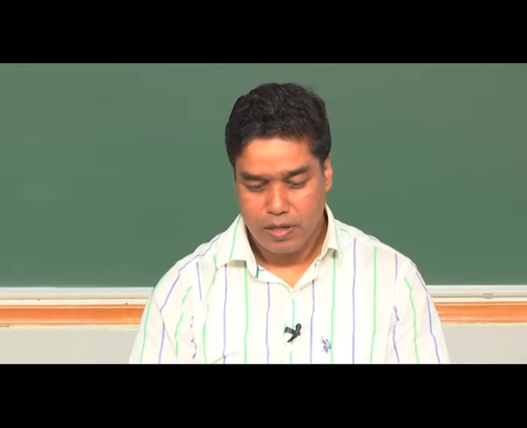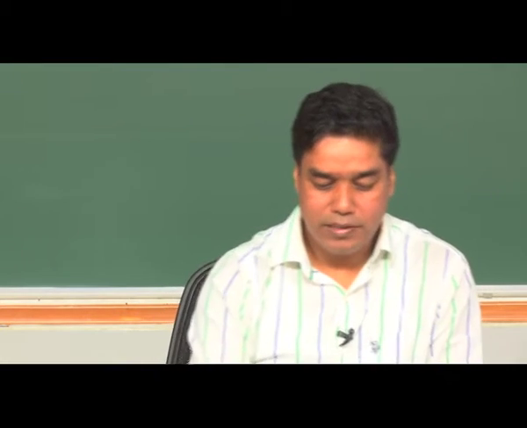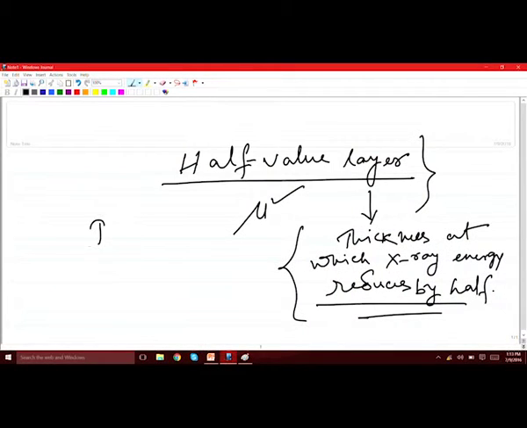Okay. So, if you go back to this, you can easily find out how the half value layer is related to the absorption coefficient mu. So, we can go back to the equation that we started with. In this case, what we are saying is that this is the thickness x at which the intensity would decrease by half.